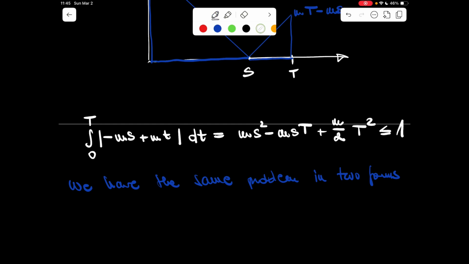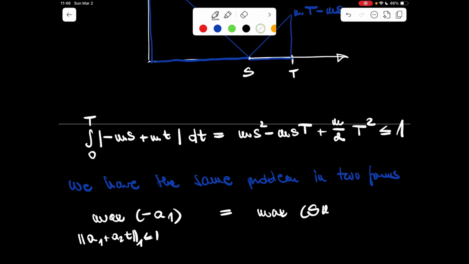The one is, let's maximize minus a1, supposing that this norm is not higher than 1, and it is the same as maximizing Sm, right? By requiring that this norm is not higher than 1.